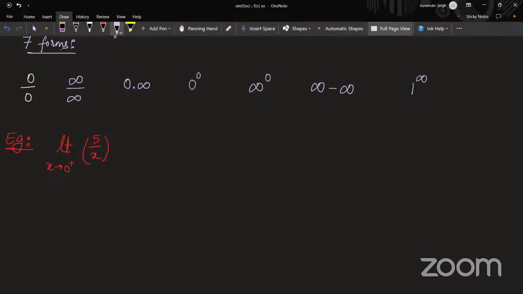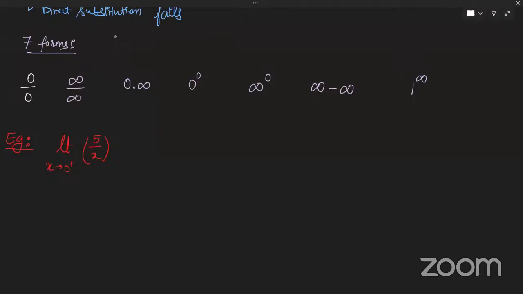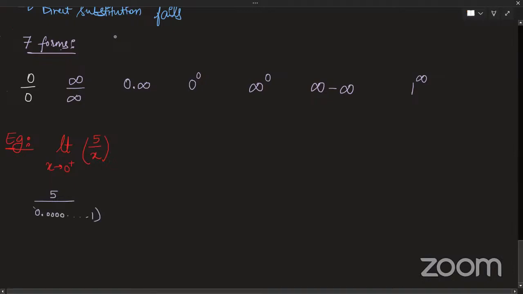So let us give a look at this. I have limit x tends to 0 plus 5 divided by x. 5 is a finite value and x is a really small value that is positive. So what will happen if I divide 5 by a positive value that's really small?